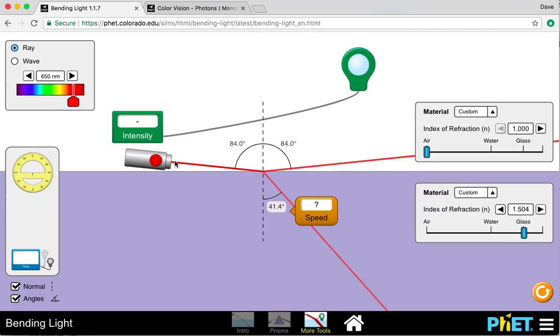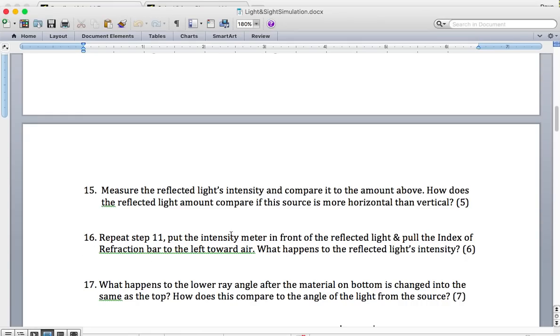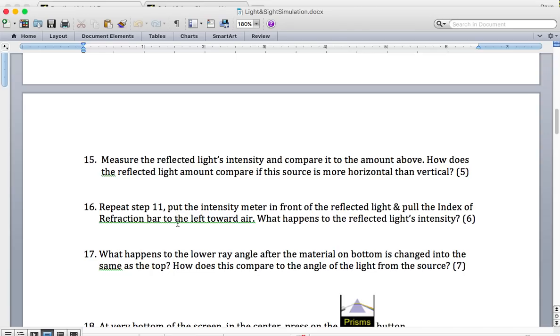And it should be obvious, like the angle that is coming in here is going to make it much less likely to be refracted and much more likely to be reflected if this angle from the incident or from the normal line is much larger. So, however you word that, that's totally fine.